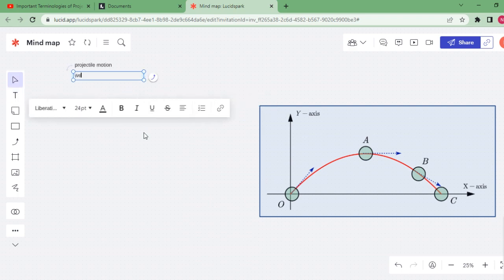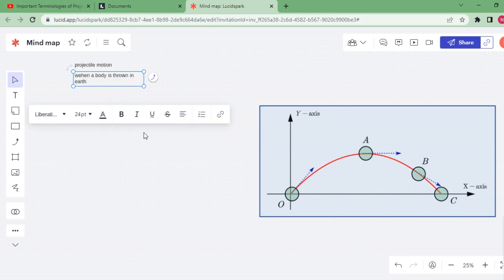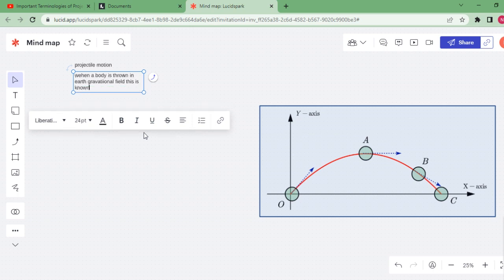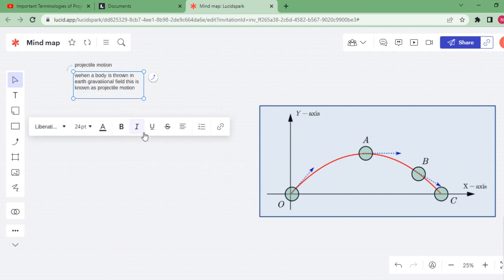When a body is thrown in the earth's gravitational field, this is known as projectile motion. And there is only one force acting upon the body. This is only gravitational force.